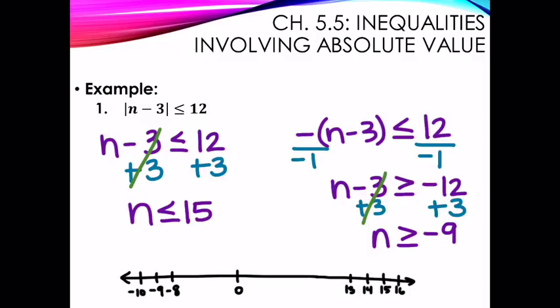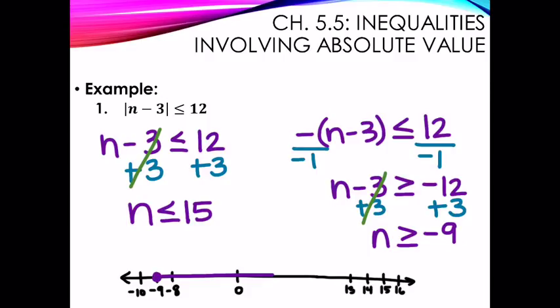So I'm going to start with the smaller part of my inequality, which says that n is greater than or equal to negative 9. So I'm going to go to negative 9 on my number line, and do a closed circle since it's equal to. And since it's greater than, I'm going to start drawing my line to the right. I'm going to pause there for a second and do the other side.